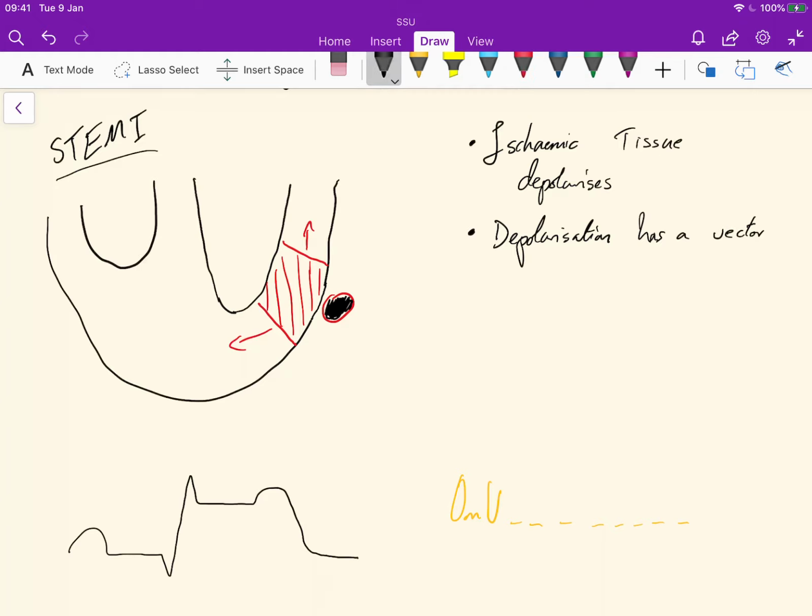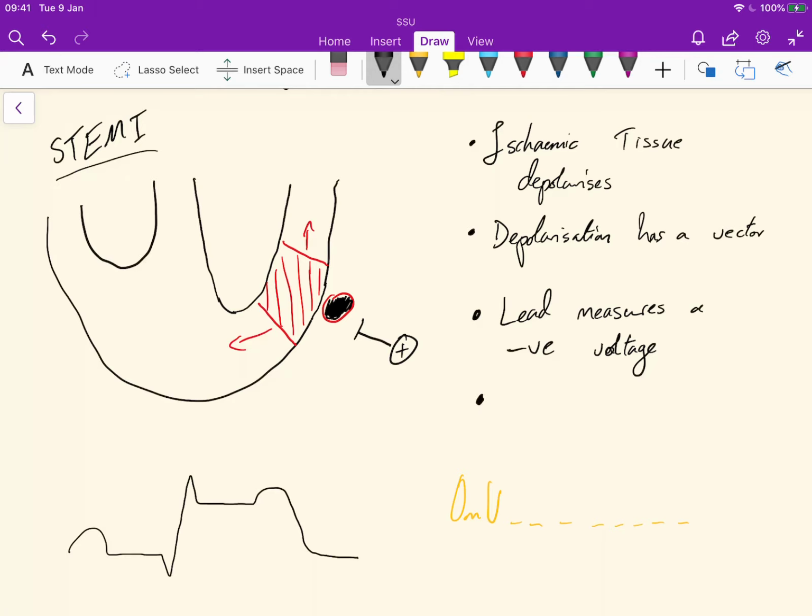So if we have an overlying lead here, it's going to measure depolarization moving away from it. And as we know, depolarization moving away from a positive lead measures a negative value of voltage.